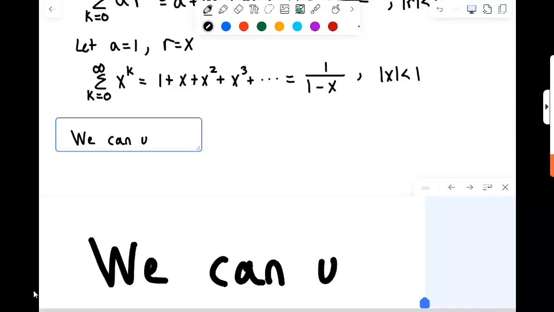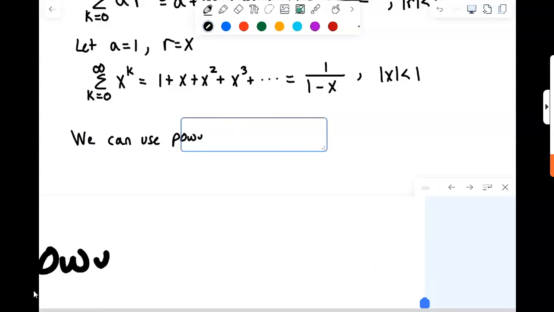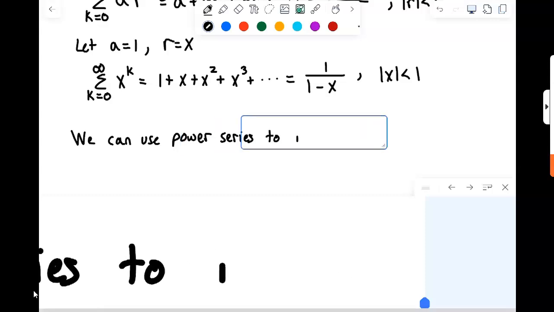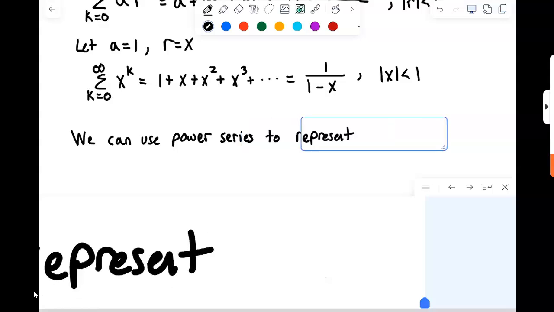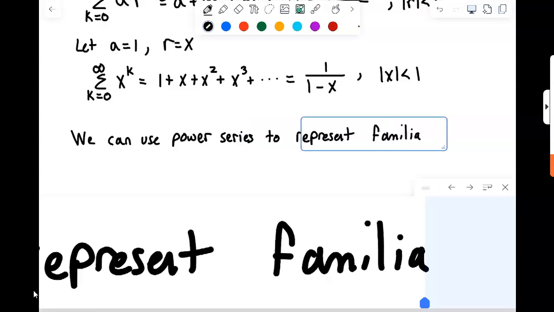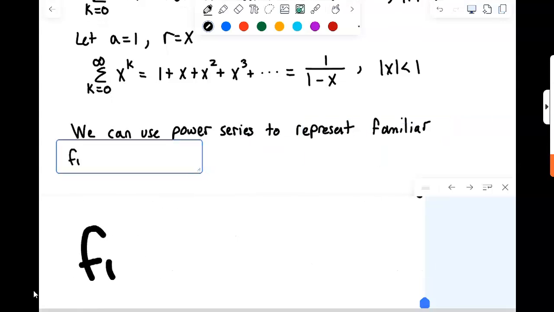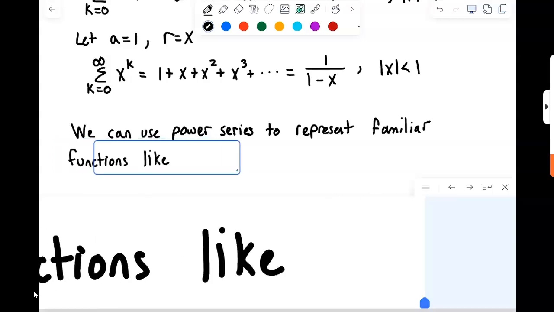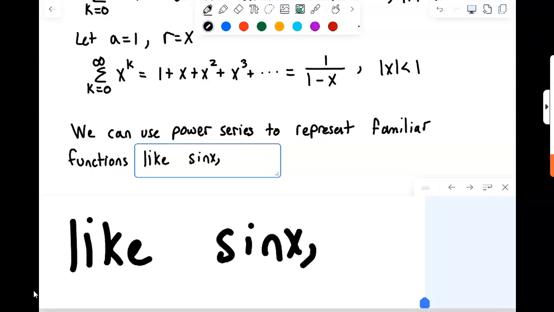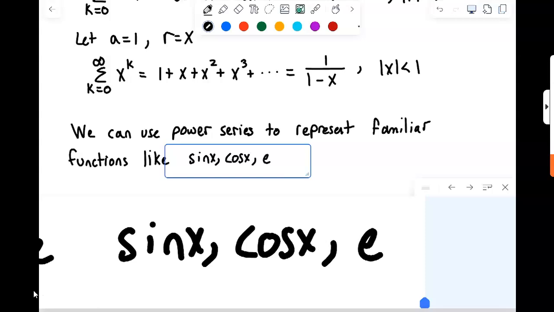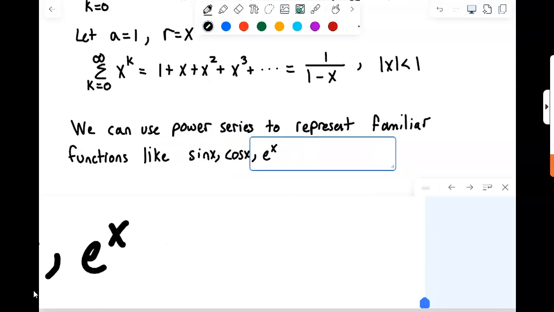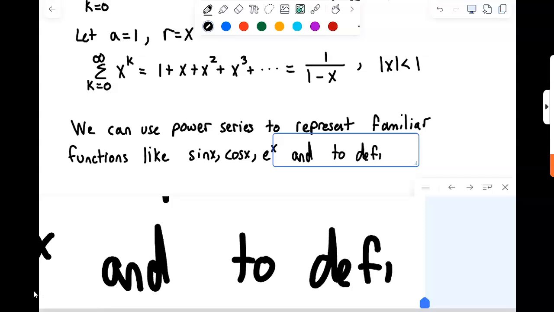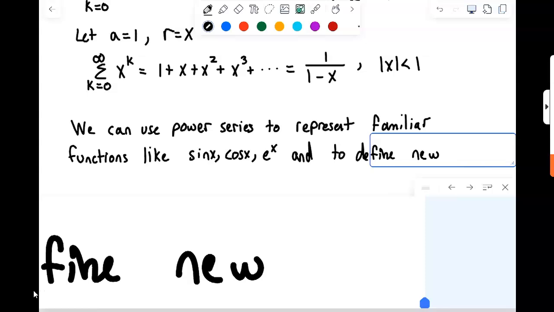We can use power series to represent familiar functions like sine x, cosine x, e to the x, etc. And we can use power series to define new functions.